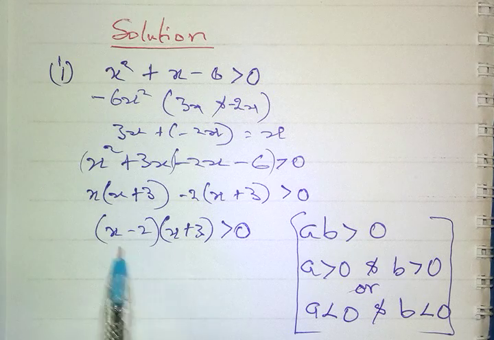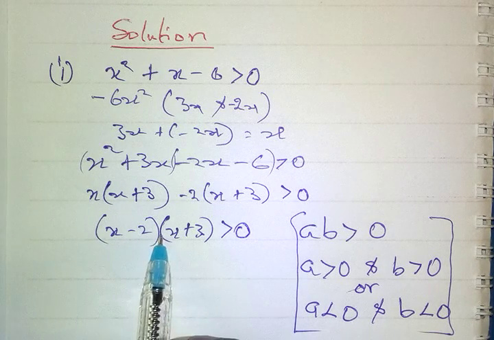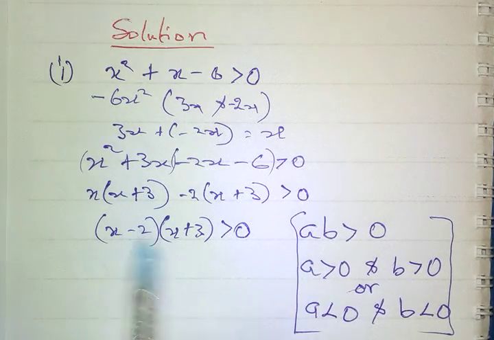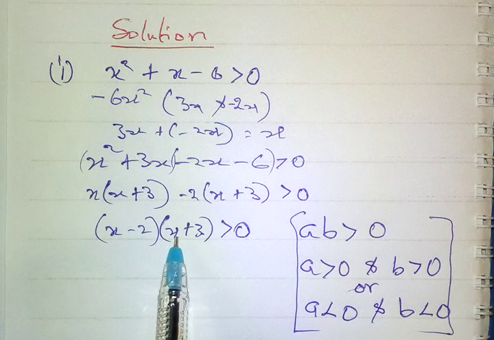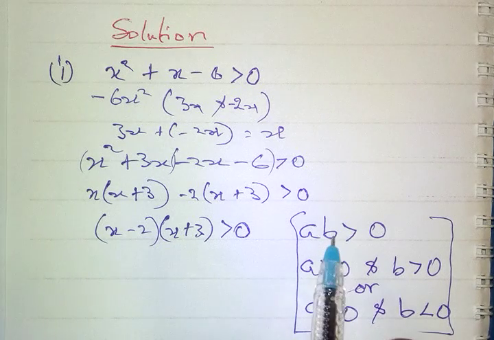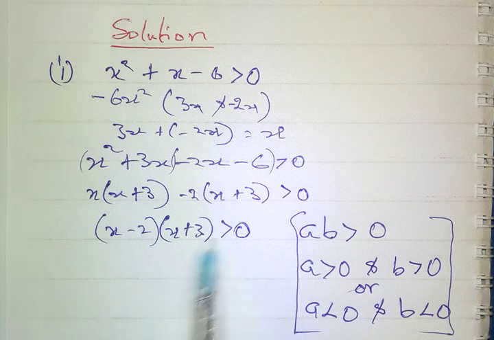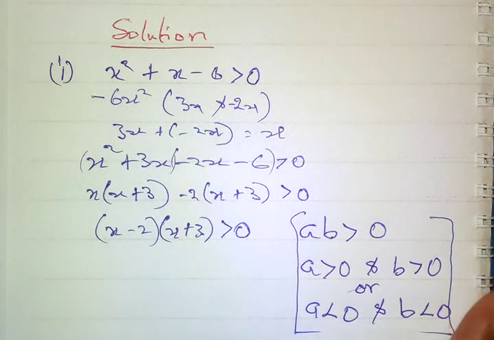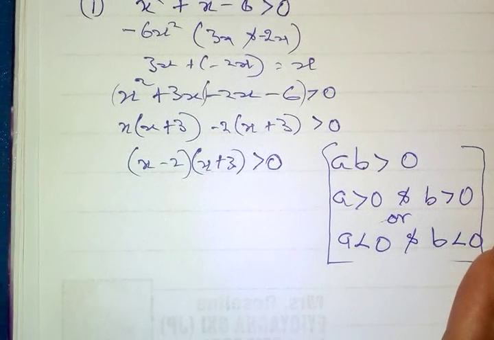In this case, the first expression, x minus 2, we take to be a. And the second factor, x plus 3, we take to be b, and then greater than 0. Okay? So let's apply this rule now.